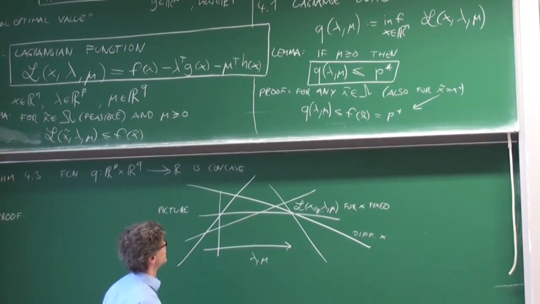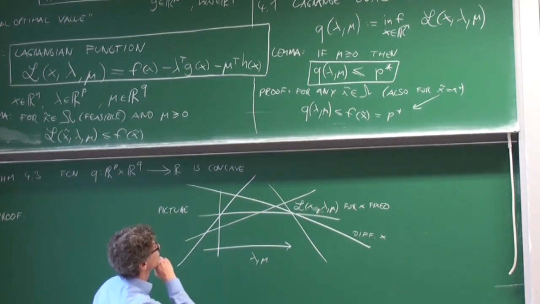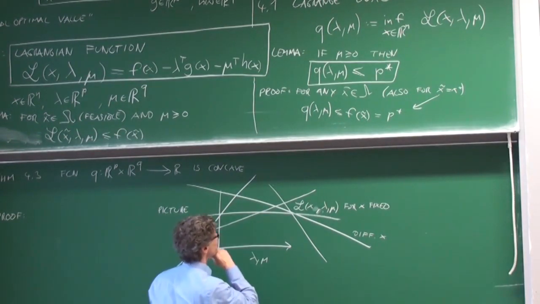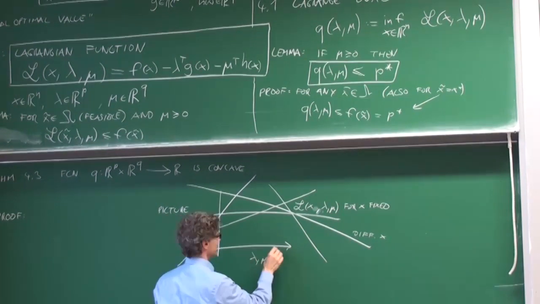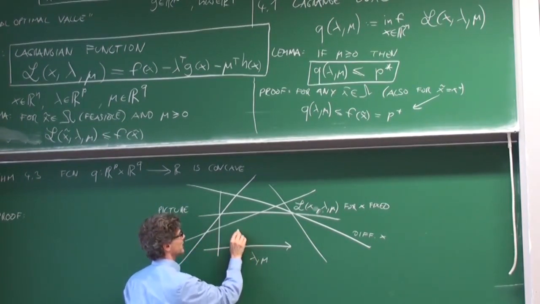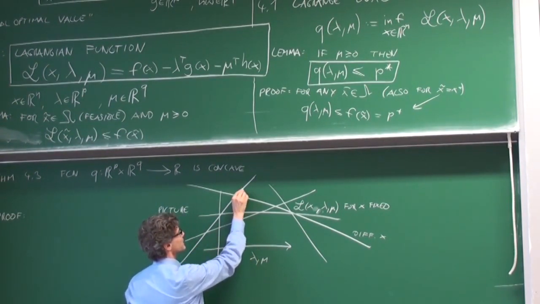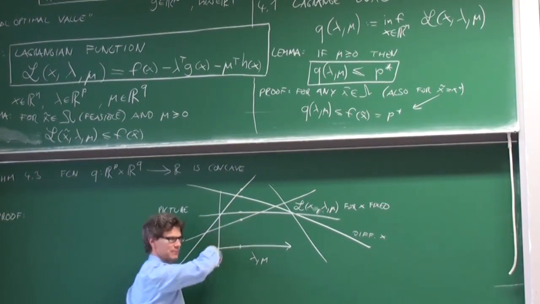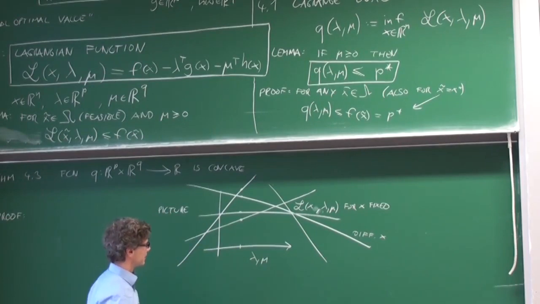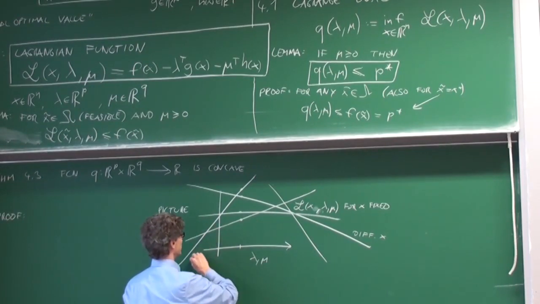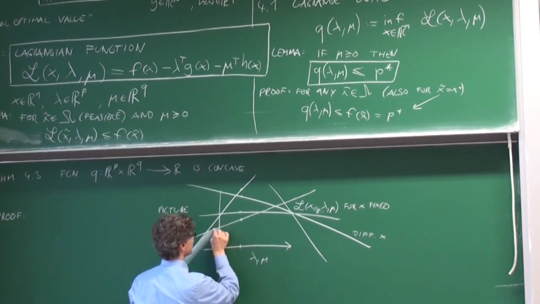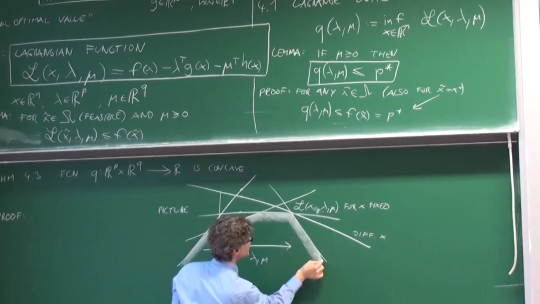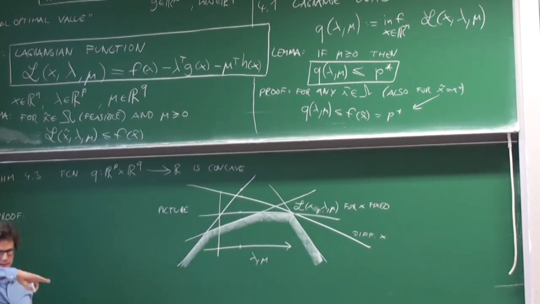Now what was the definition of the Lagrange dual? It is the infimum over all possible x's. So for a fixed lambda and mu, it takes the infimum of all these values. There might be another x, but you see already that the infimum will be the thing below all these cutting planes.